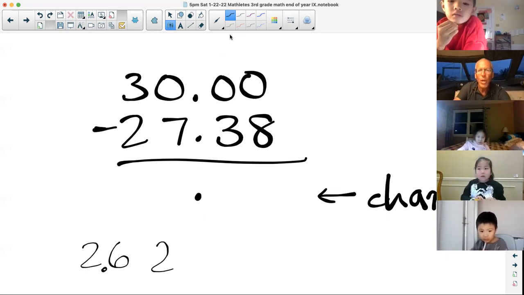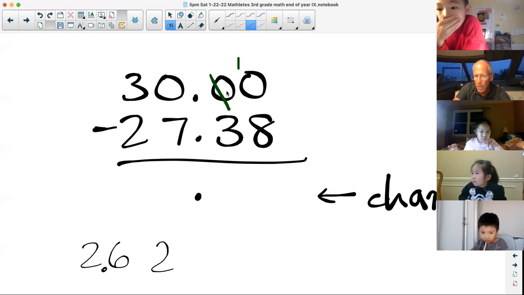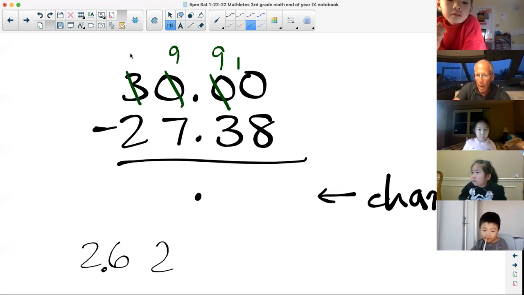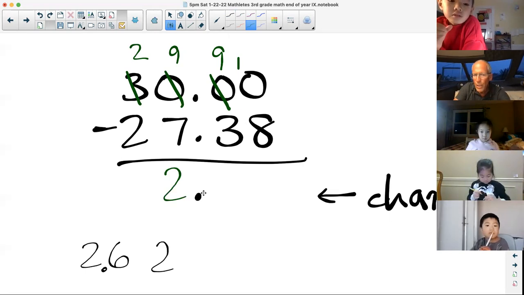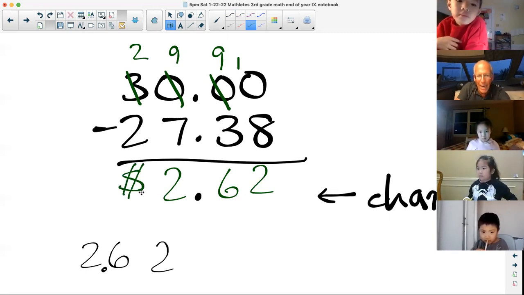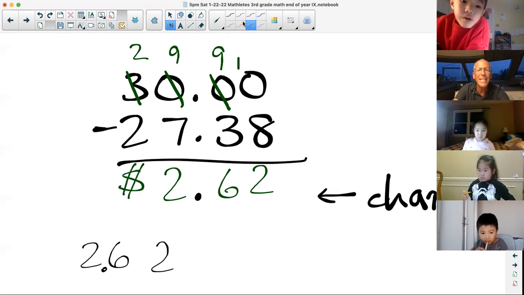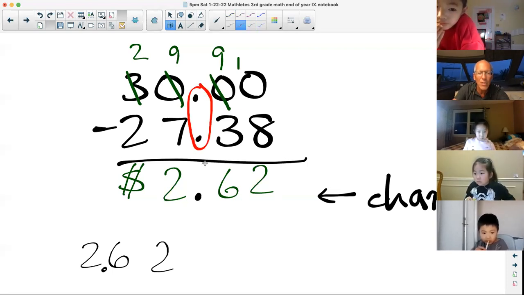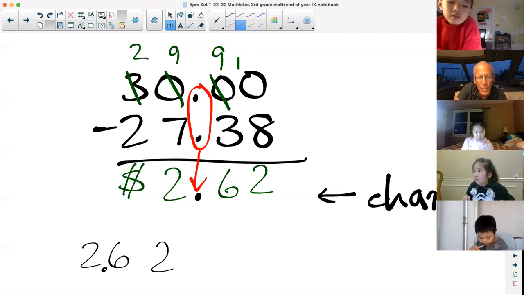No, because Jason, borrow, $2.62. So Jason, you had the right idea, but the decimal stays directly under the other decimals. $2.62.